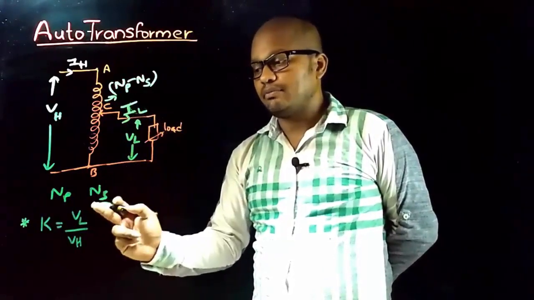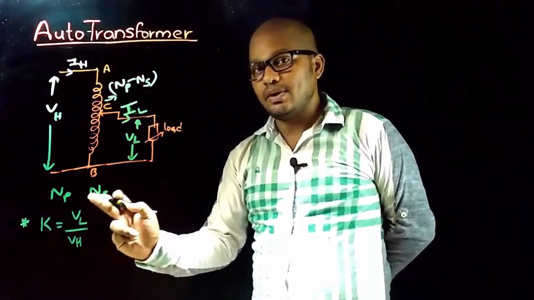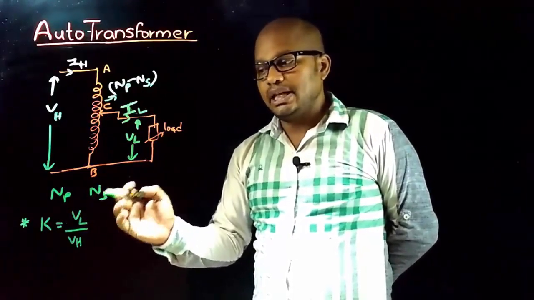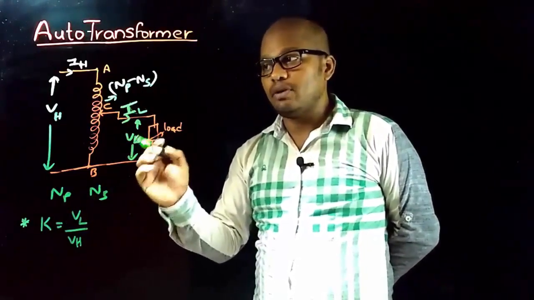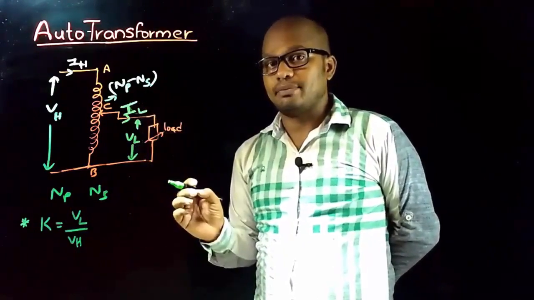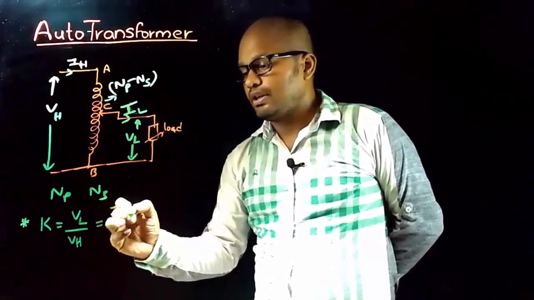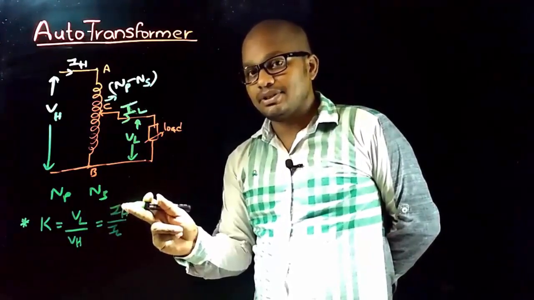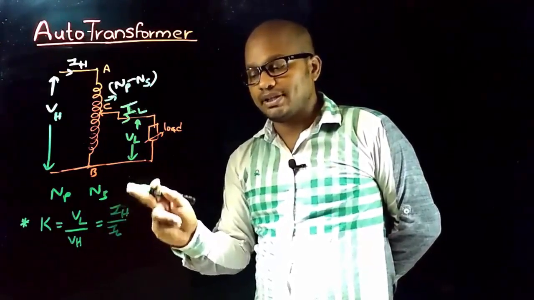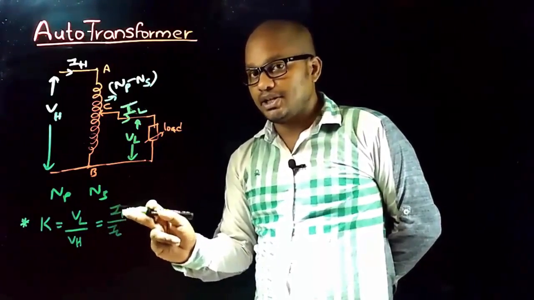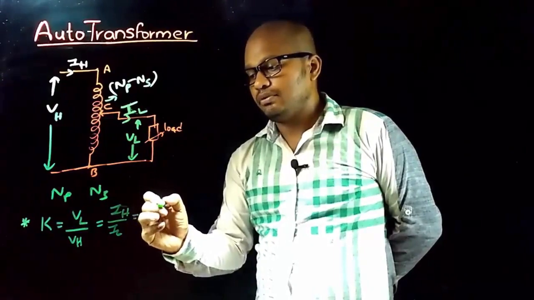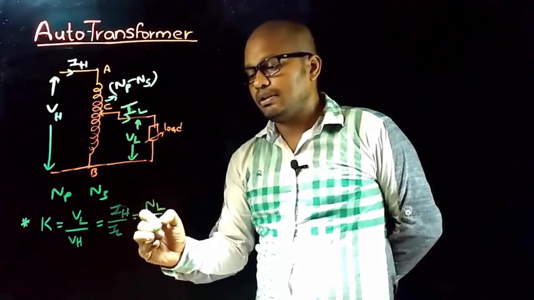But in case of auto transformer, please remember K as VL by VH, because by remembering K like this, it will make us simple to recall the formulas relating to auto transformer. So that is equated to IH by IL. Here IH represents the current on high voltage side and IL represents the current on low voltage side, and which is equated to NL by NH.